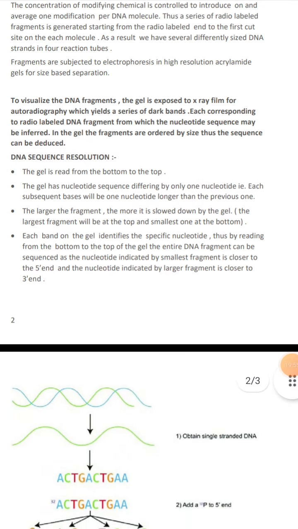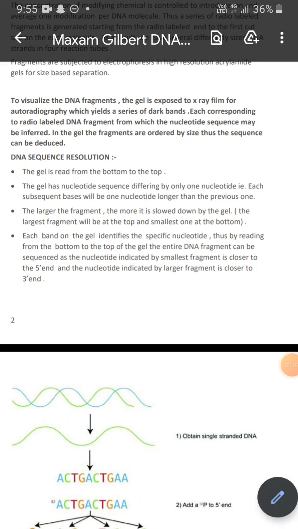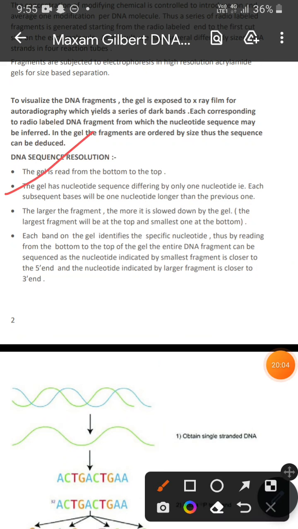Then, as in the DNA sequencing procedure that we have discussed, the gel will be read from the bottom to the top. The gel has nucleotide sequences differing by only one nucleotide. That means the subsequent band will be only one nucleotide longer than the previous one. The larger the fragment, the more it is slowed down by the gel, and each band on the gel will indicate a specific nucleotide.